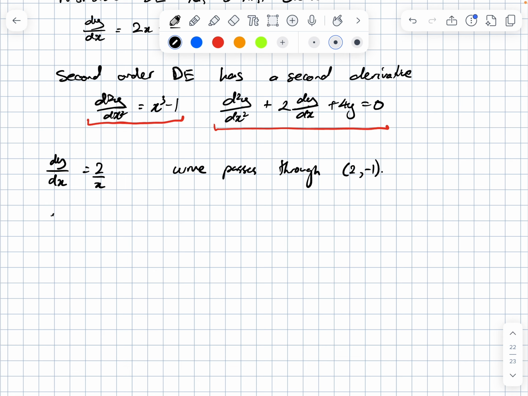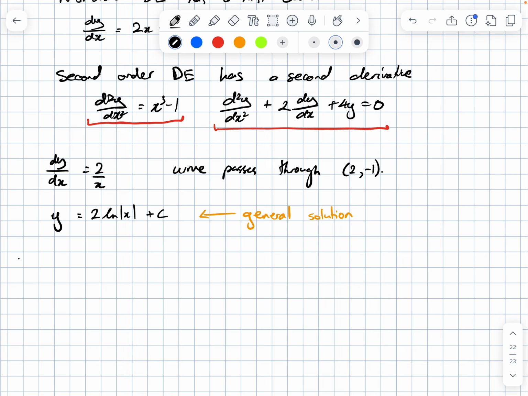It's just the opposite of differentiation. And 2 over x goes to 2 ln x, and then plus our constant c. This here is called a general solution because it still has the unknown constant in it. When we substitute the point to find c, we then get something called a particular solution.